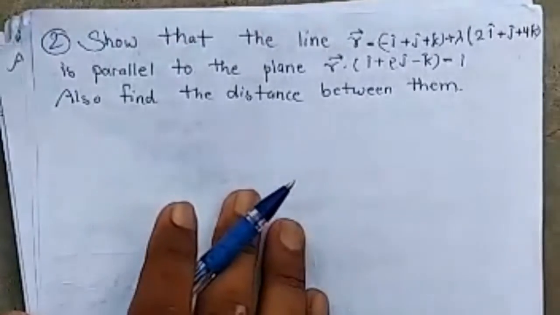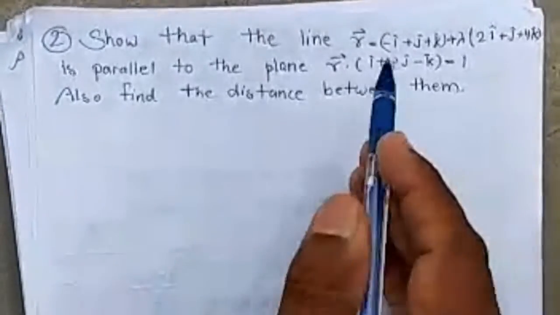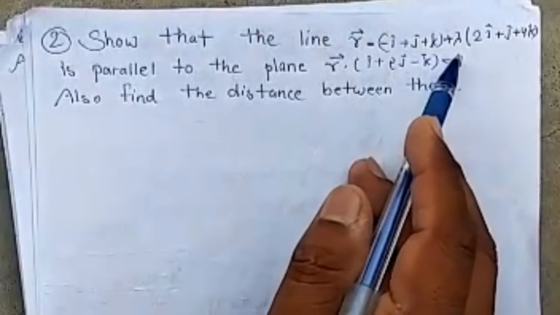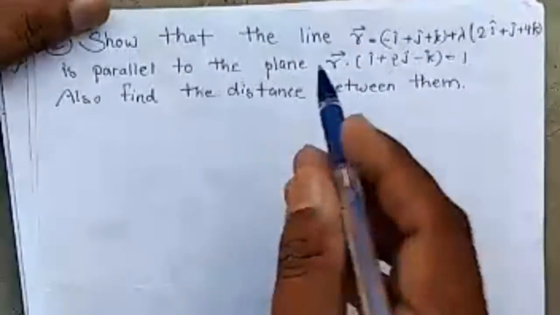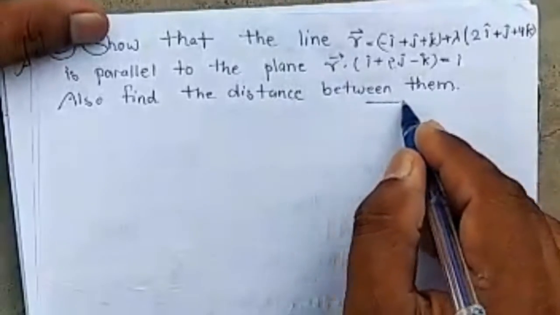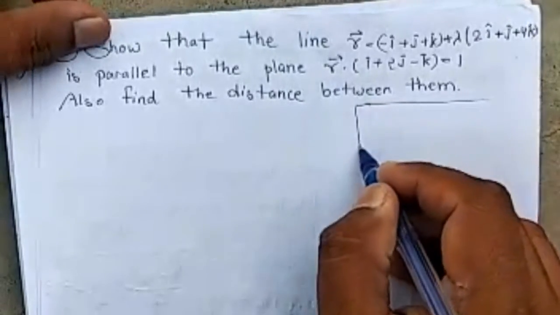So that the line r vector equal i cap plus j cap plus k cap plus lambda (2 i cap plus j cap plus 4 k cap) is parallel to the plane r vector dot (i cap plus 2 j cap minus k cap) equal 1.